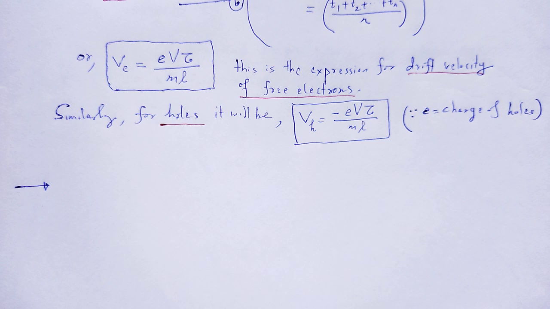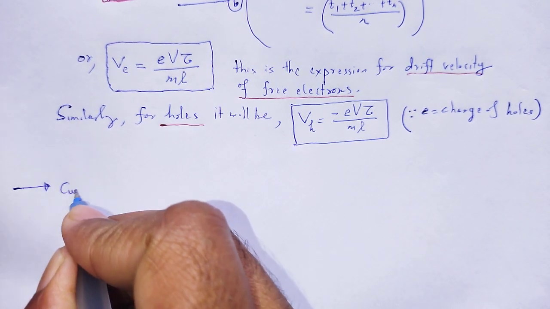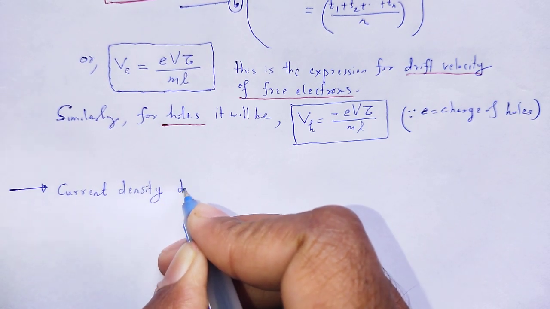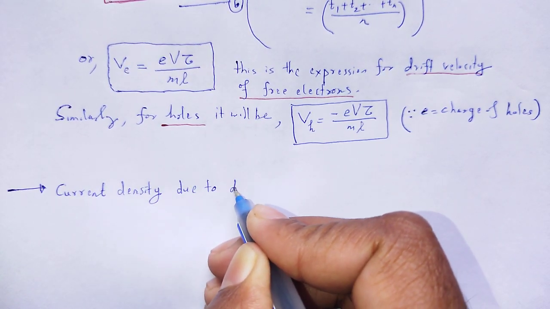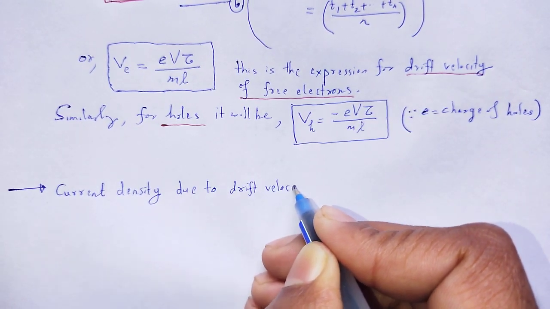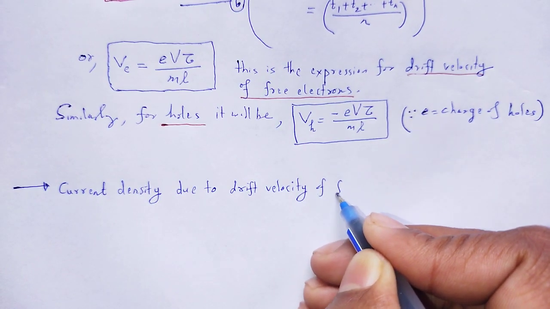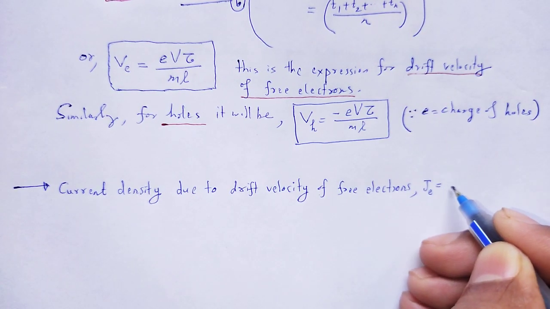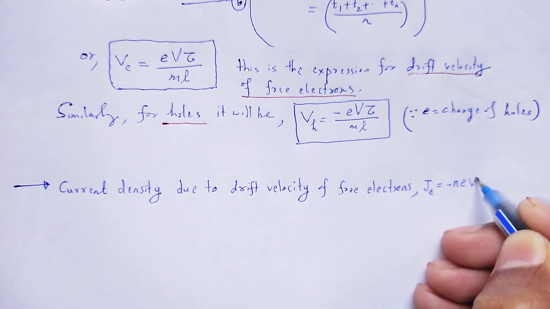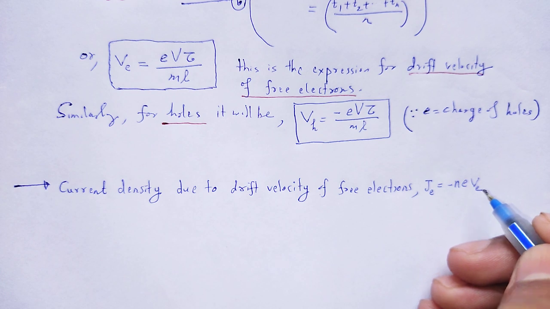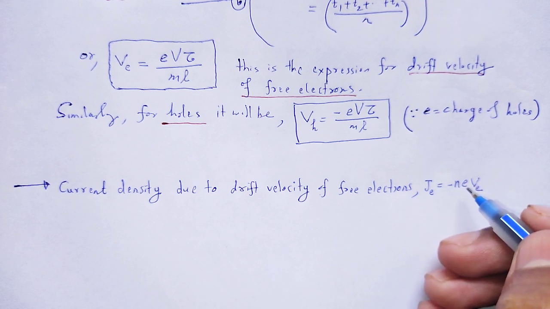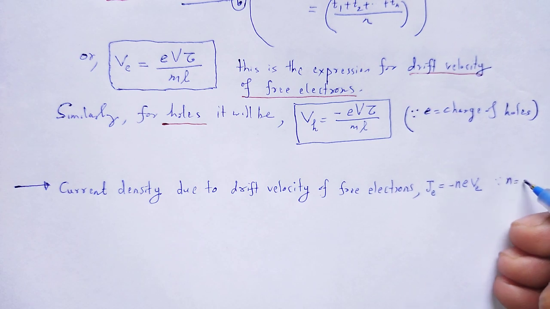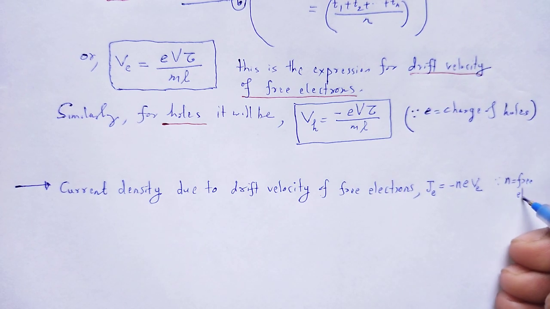So, the current density due to drift velocity of free electrons, J_E, is minus n e V_E: V_E the drift velocity of electrons, minus e the charge of free electrons, and here n is the free electron density.